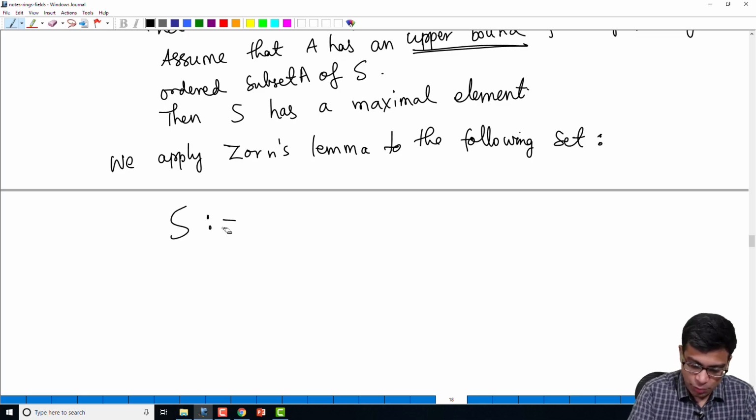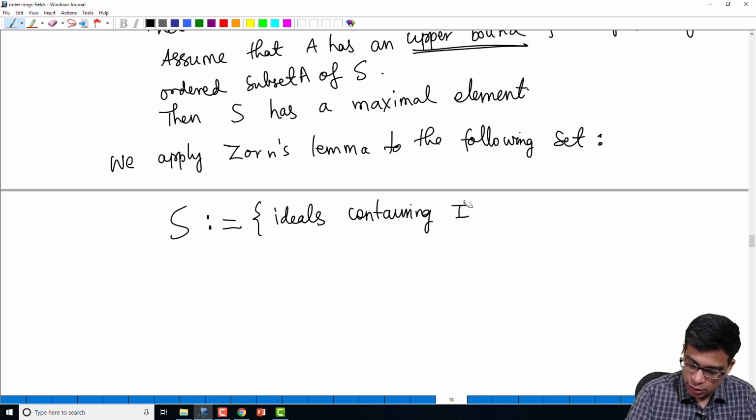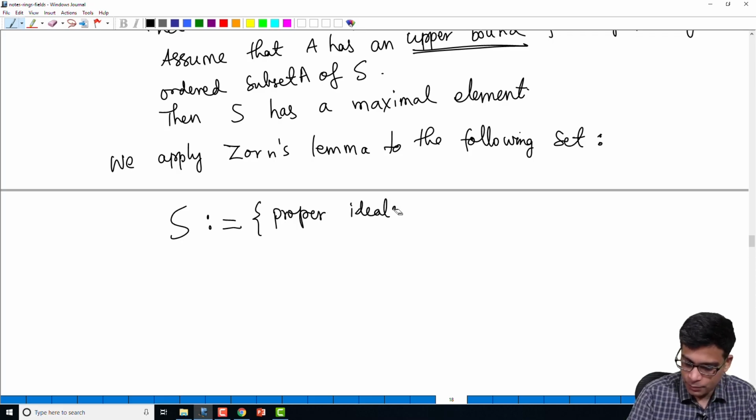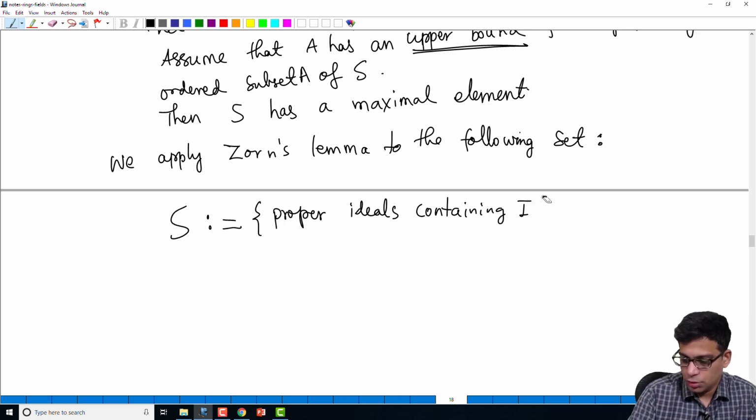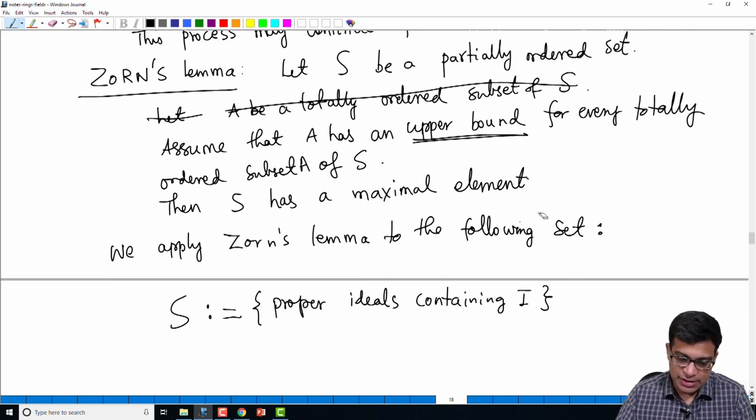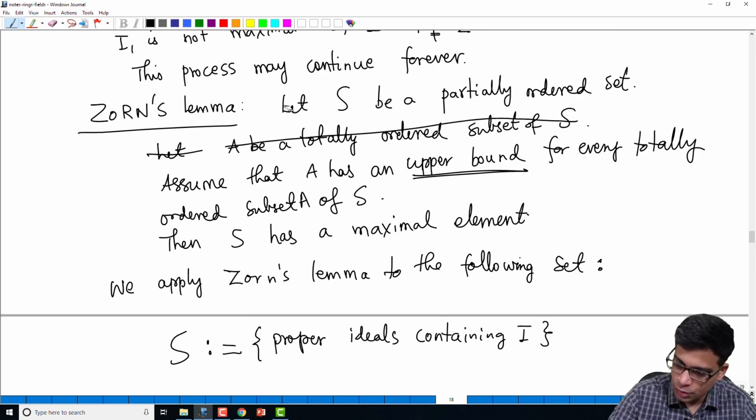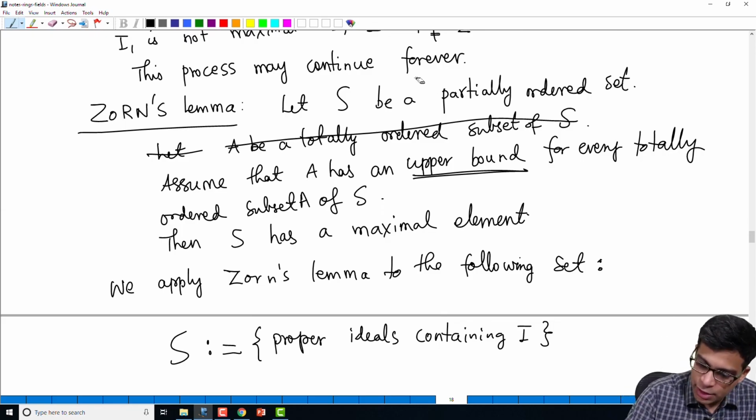Take S to be the set of proper ideals containing I. I forgot an important assumption in Zorn's lemma: S must be a non-empty partially ordered set.